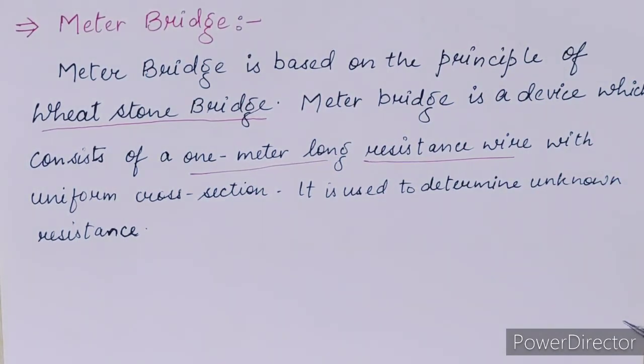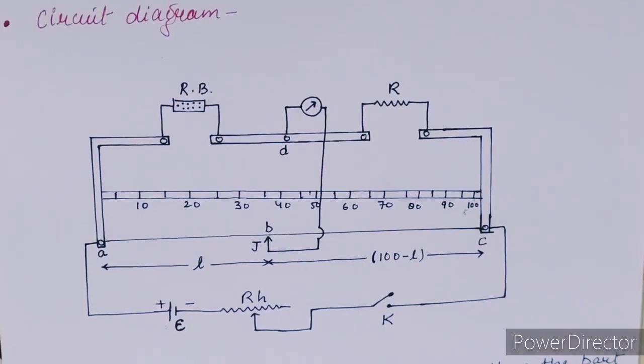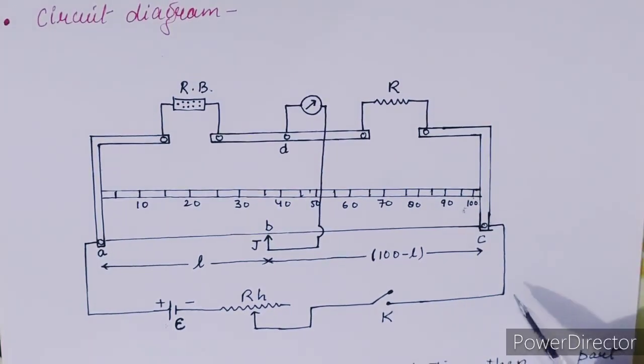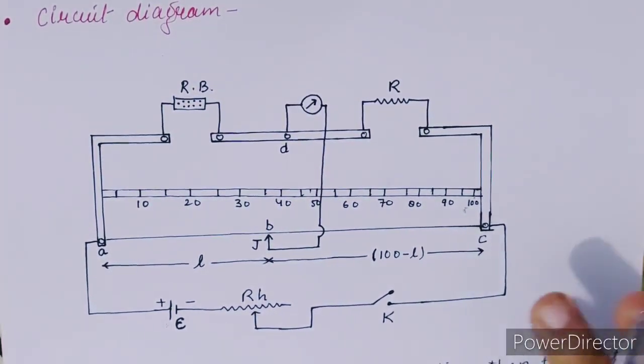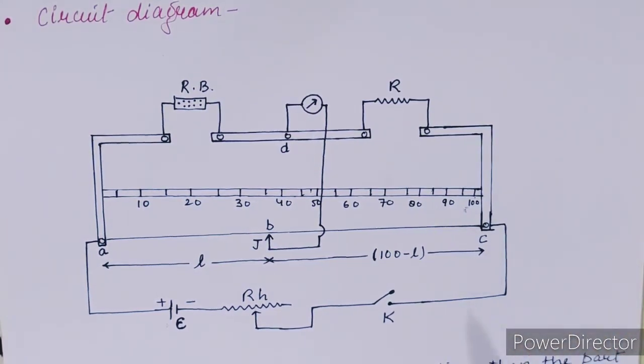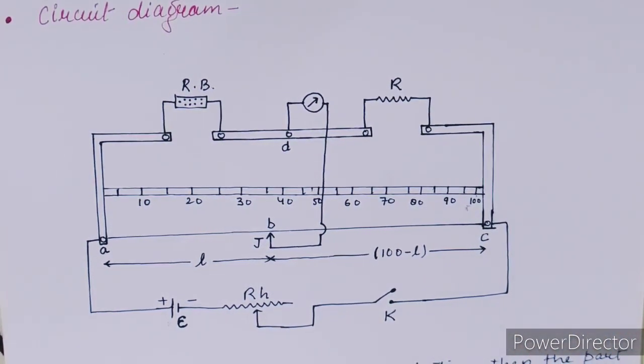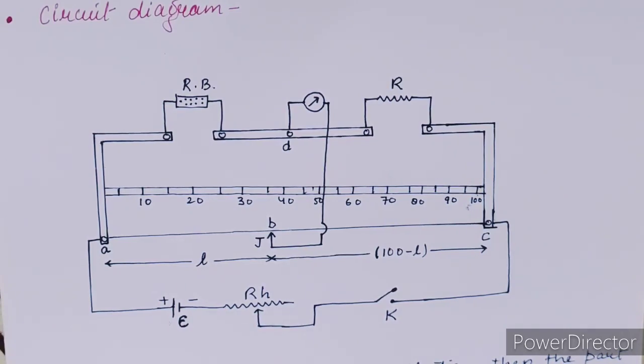Now let's move toward the circuit diagram. This is the circuit diagram of your meter bridge. Understand this topic clearly, because the meter bridge is also a part of one of your experiments in the practical.